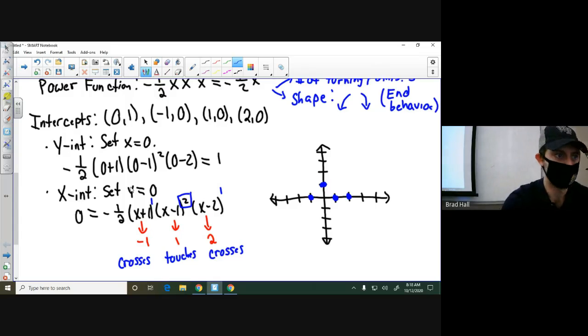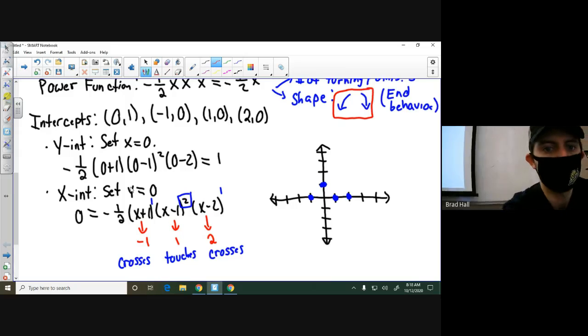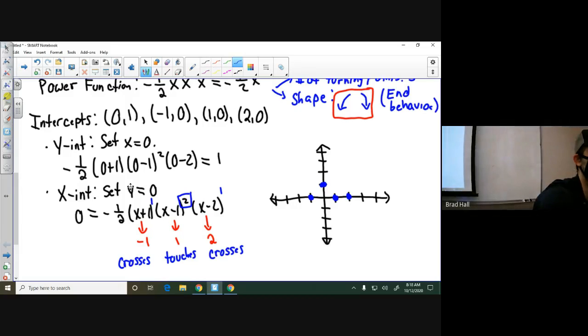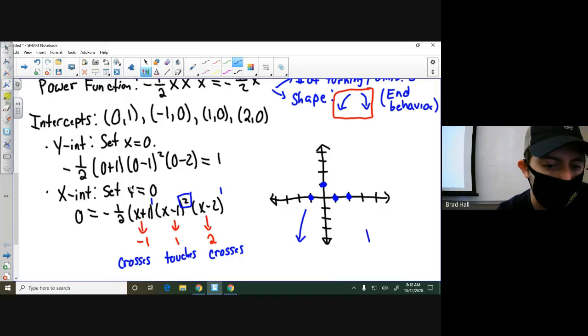And then we know the end behavior. It's the shape up here. So if anything, we know what the ends look like. It would be coming upwards. So we know what the end behavior is like.